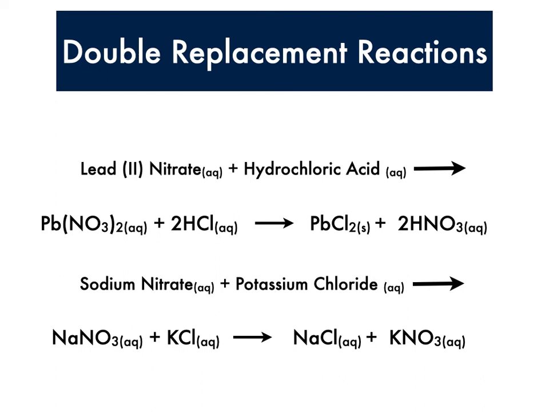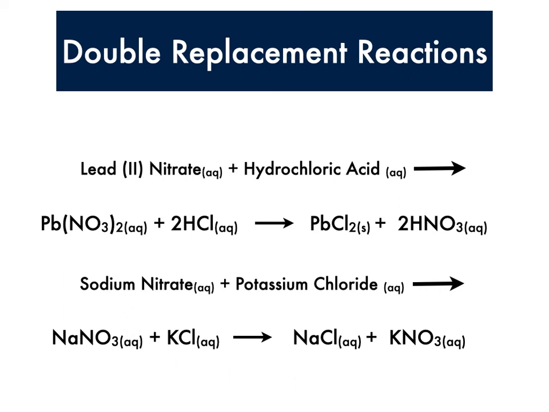And so what you have here is a situation where nothing has really been produced, because aqueous means dissolved in water and basically converted to ions. So everything here is still in its ion form on both sides, so nothing has really changed.